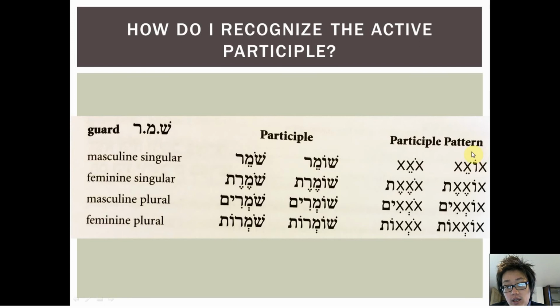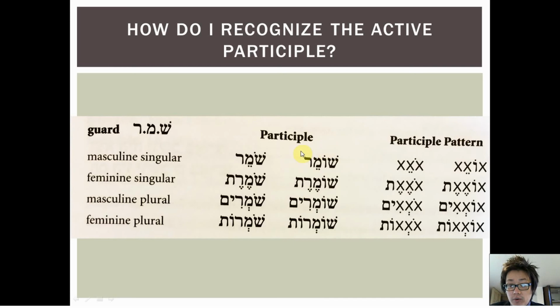Sometimes it will be written plene, that is written in its full form. Sometimes it will be written defectively, or to say not its whole form. But the key to look for is this holum between the first and the second radical. Right there. Or in full form, right there. This is, of course, much easier to recognize.